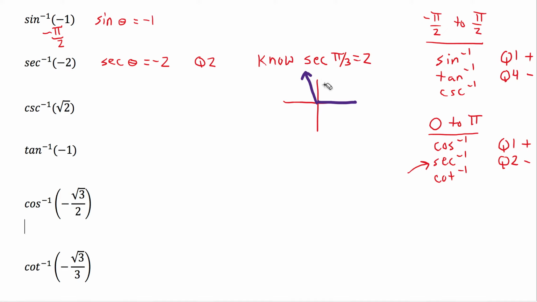And then if I'm neat enough, I can tell that that particular angle is 2 pi over 3. Okay, and I can count it out. Remember, we count out over 6. So this is pi over 6, 2 pi over 6, 3 pi over 6, 4 pi over 6. And 4 pi over 6 is going to reduce to 2 pi over 3. So that's my answer there.